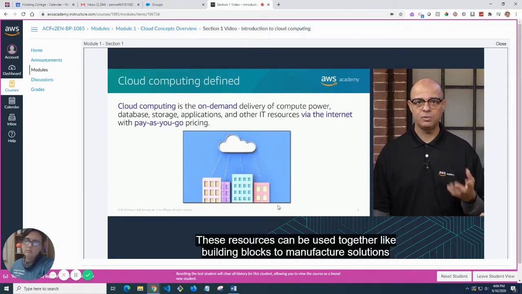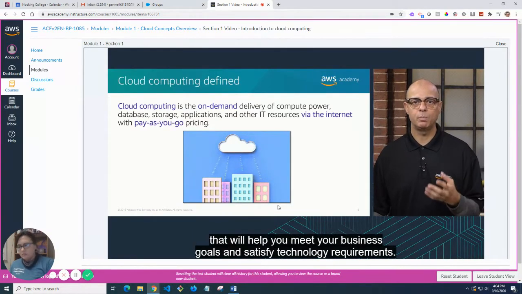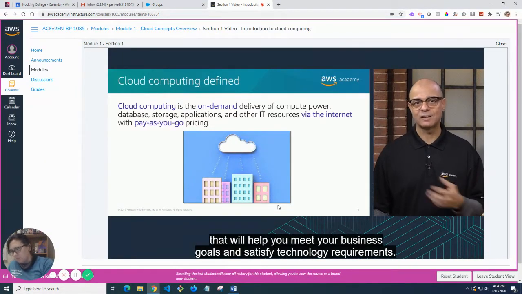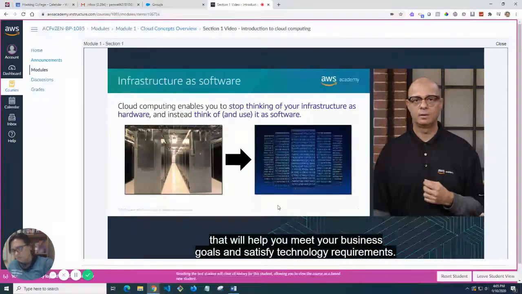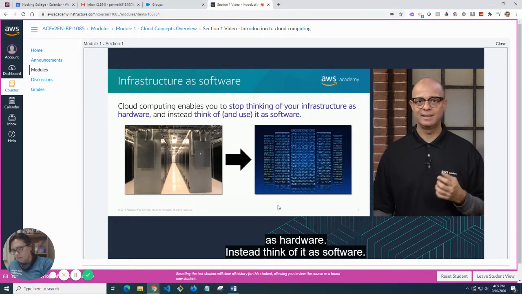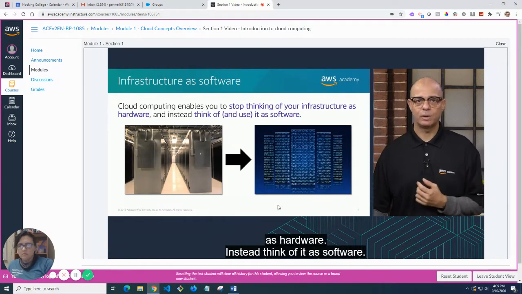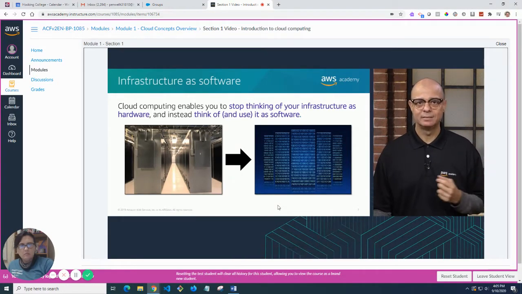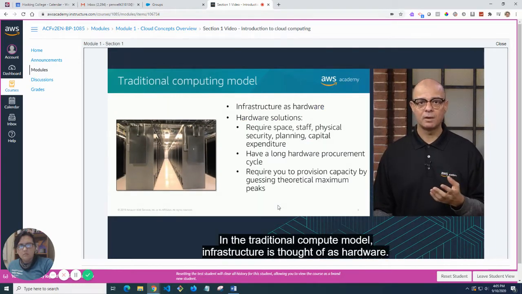These resources can be used together like building blocks to manufacture solutions that will help you meet your business goals and satisfy technology requirements. Cloud computing enables you to stop thinking of your infrastructure as hardware. Instead, think of it as software. But what does that mean? In the traditional compute model, infrastructure is thought of as hardware.